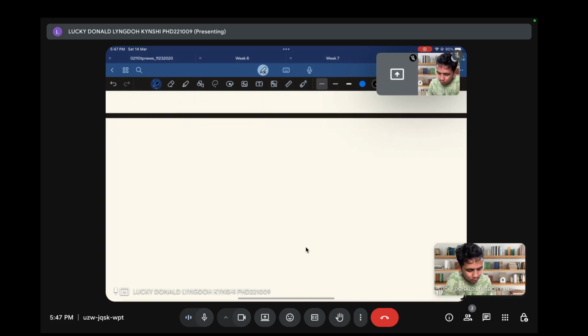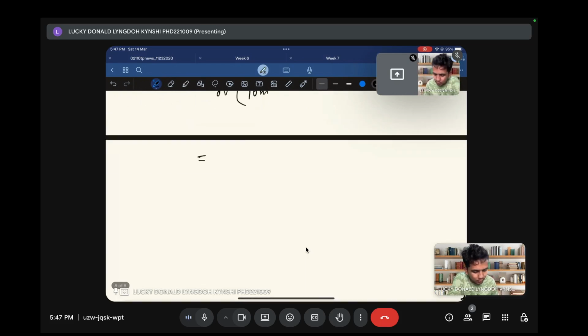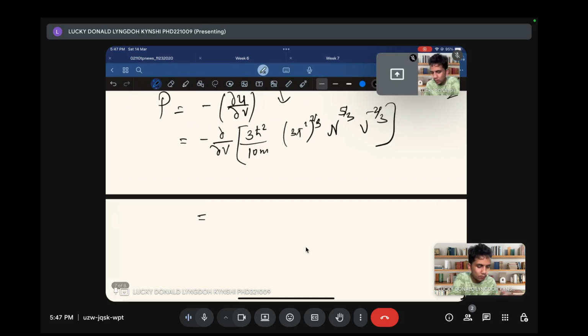Now if you arrange it and take the differentiation, you will get this minus, and the minus which comes from the differentiation will go away. Let me take the differentiation of 3ħ² by 10m.